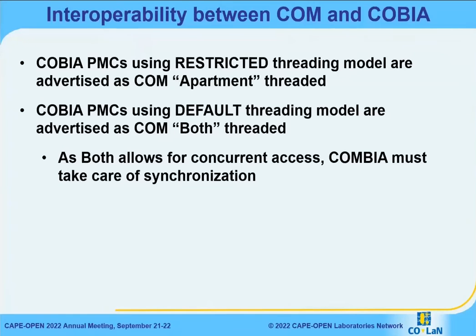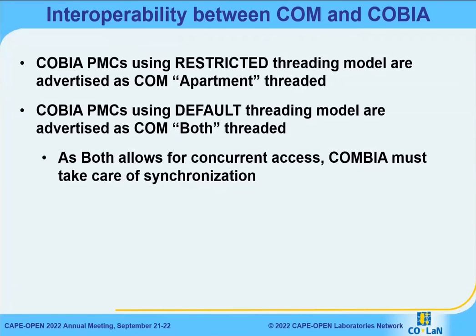If you're using COBIA PMCs in a COM environment, that actually works rather easily because of the way we have defined the COBIA threading models. So if you're using a COBIA restricted PMC, it is simply advertised to COM as apartment threaded and all your requirements are already immediately honored, because COM will only call that particular PMC on one single thread, which exactly matches the restricted threading model regulations.